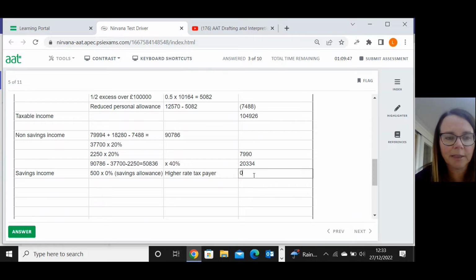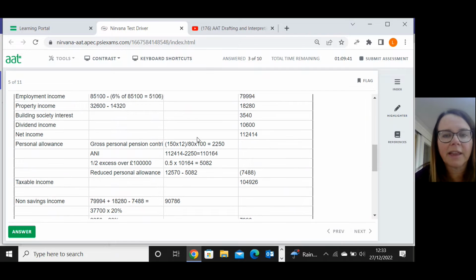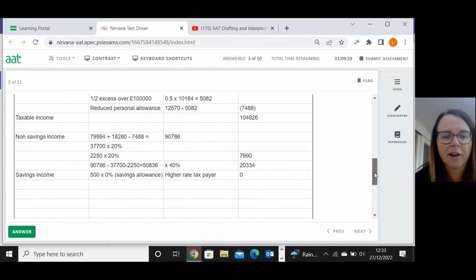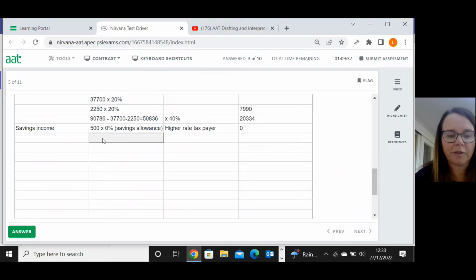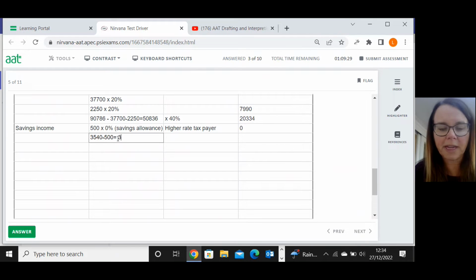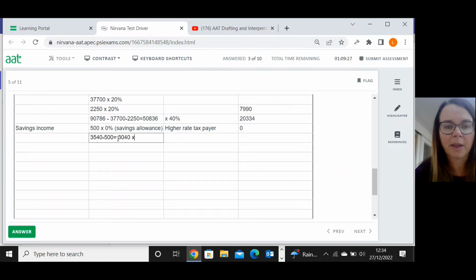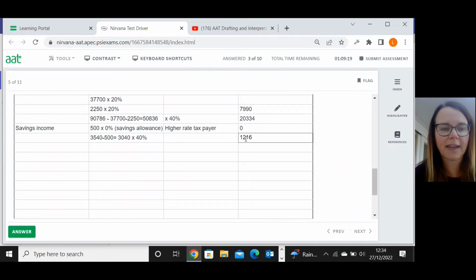So that would be 0. And then the rest of my savings income, so altogether I've got 3,540, so I'm going to do 3,540 minus 500, which is 3,040. I'm in the 40% bracket, so 3,040 at 40% is 1,216.